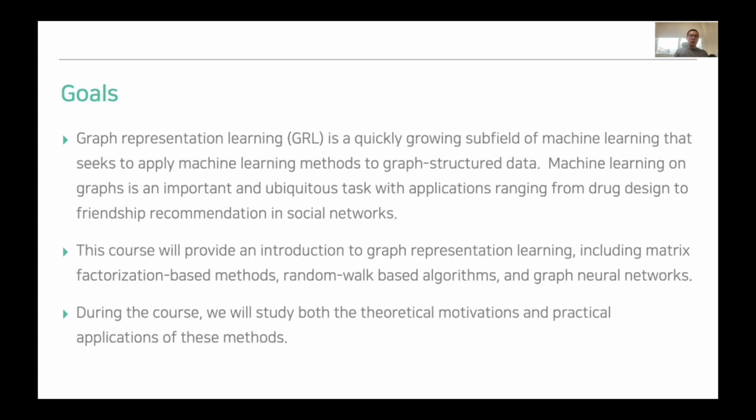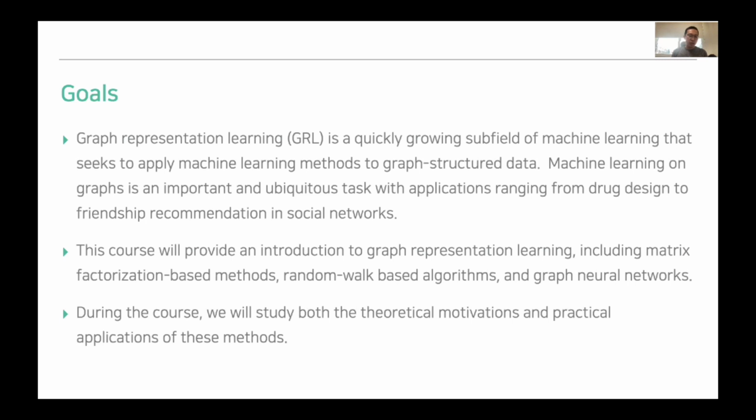In this class, we deal with how to overcome that difficulty. One solution is to use graph representation learning. This is a quickly growing subfield of machine learning. We will study recent advances in graph representation learning, and give you an introduction to graph representation learning, matrix factorization based methods, random walk based methods, and graph neural networks.